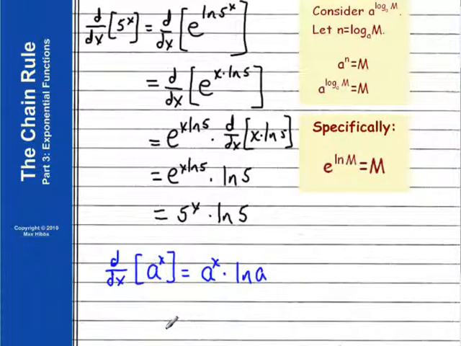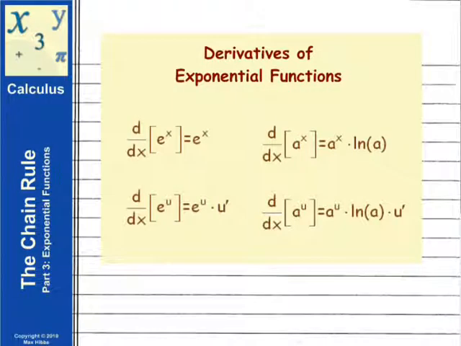Now we also have a chain rule version of this. Let's look at the next slide. It's a summary of what we know about the derivative of exponential functions. The derivative of e to the x is simply e to the x. But the derivative of some constant other than e to the x power is that constant to the same exponent times the natural log of the base, the a.